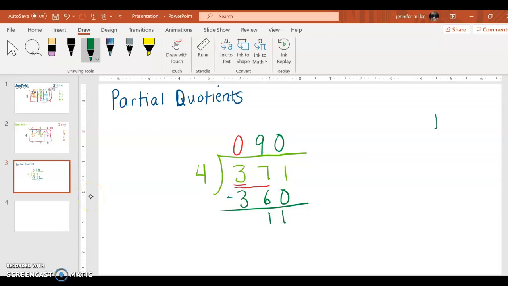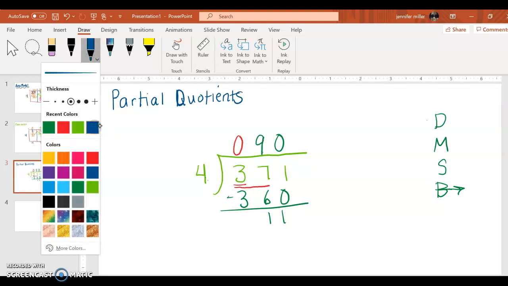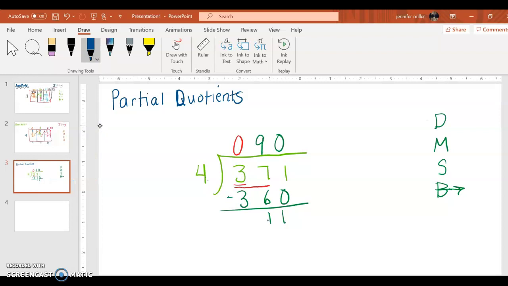And again, that sequence is never going to change. We always divide, multiply, subtract, and bring something down. So I just brought my 11 down, so that tells me I'm going to come back up and divide. How many times does 4 go into 11? Well, it goes in there twice. 2 times 4 is 8.